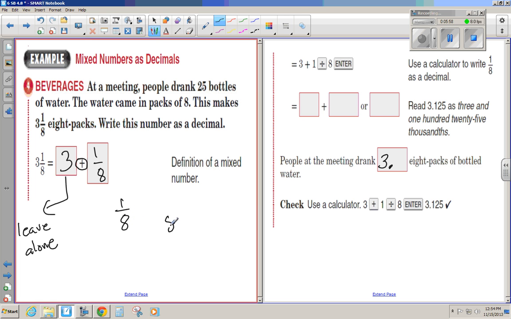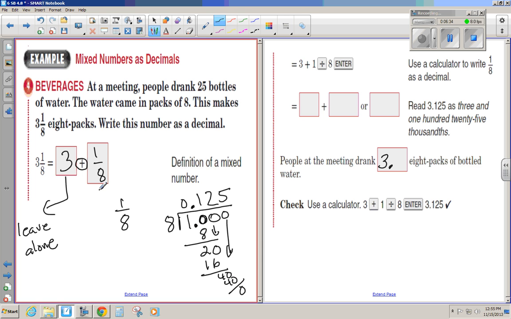How many times does 8 go into 1? Well, 8 does not go into 1. So we write our decimal there, annex a 0 and say 8 goes into 10 one time. Subtract, annex another 0 and drop it down. 8 into 20, 2 times. 8 into 40, 5 times. Remember, we're annexing another 0. And our remainder is 0.